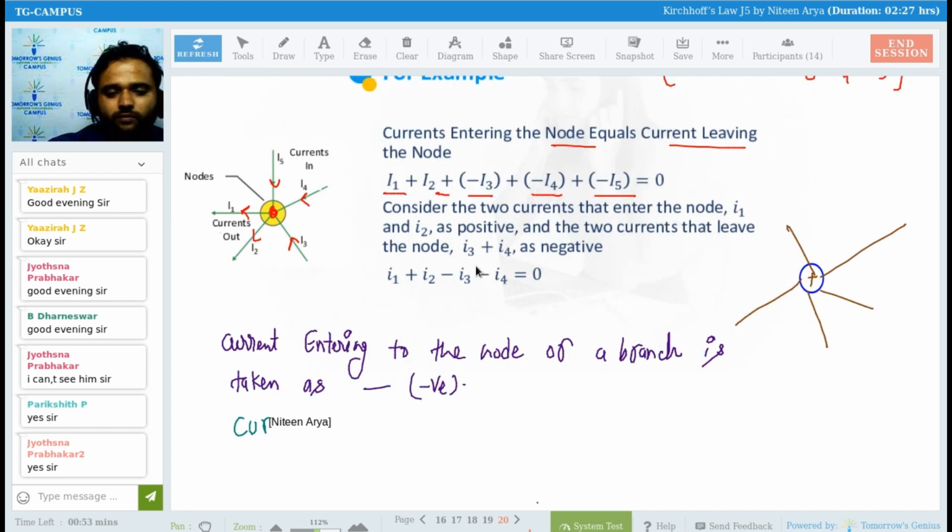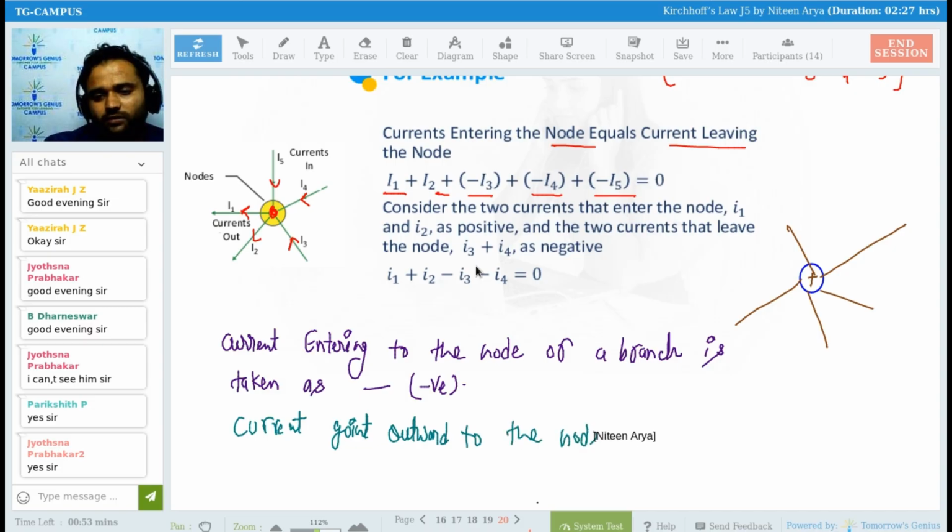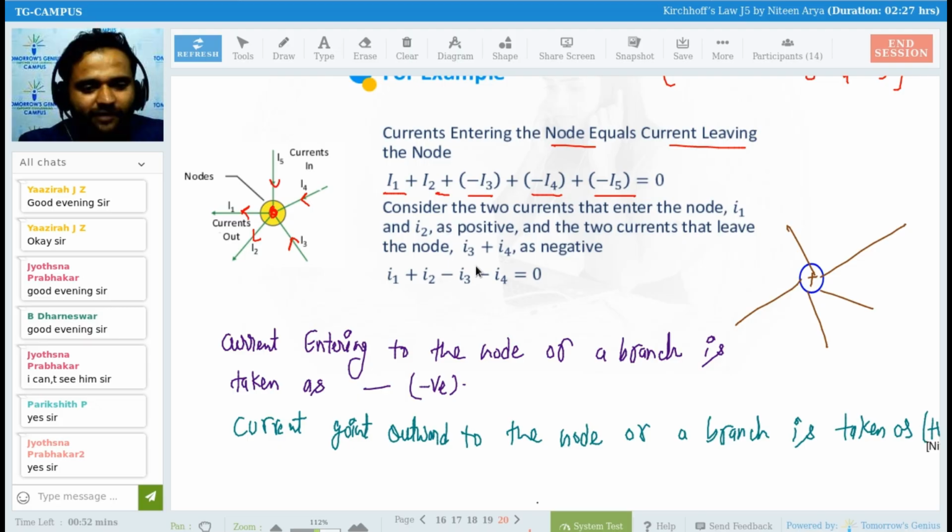And in a similar way, current going outward from the node or branch is taken as positive. Clear, everyone?